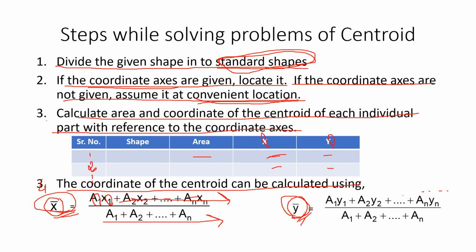Then at last we also understood the general methodology, that is, the steps while solving a problem of centroid. With this we are done with the theory part of the centroid, and in the next session we will start with the first problem of centroid. Thank you.